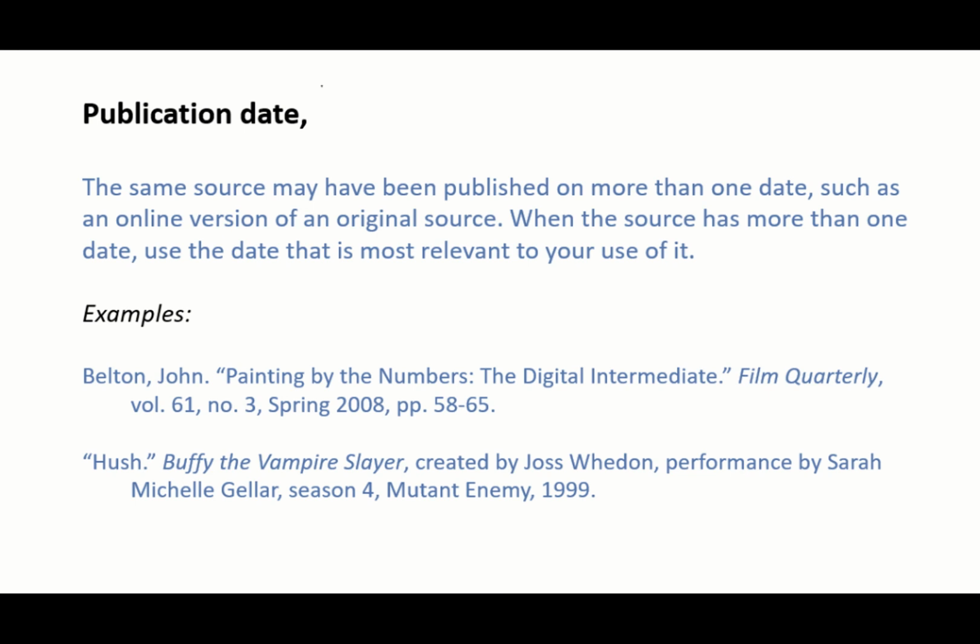And you're going to want to use the date where it was most recently copyrighted. So here are some examples. Once again, this isn't necessarily going to show the original source where it showed you how many dates were associated with it, but as you can see within this example, there's only one date used for each citation. So always use the date that is most relevant to your use of it.